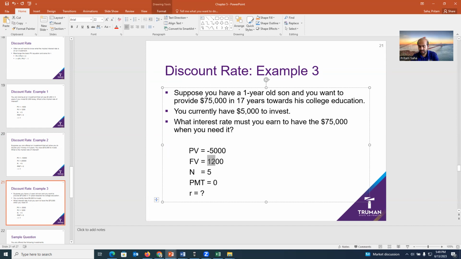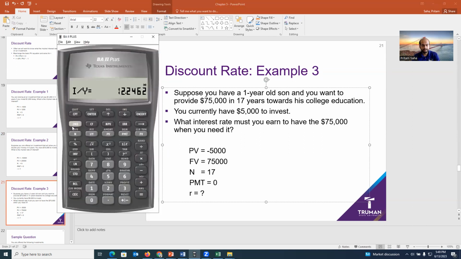You want to give him 75,000. 17 years, payment 0, everything else the same. So N is 17, present value 5,000, payment 0, future value 75,000. The rate is 17.2686%. So if you make a 5,000 investment today, and keep earning 17.2686%, at the end of 17 years, you should have a future value of 75,000.